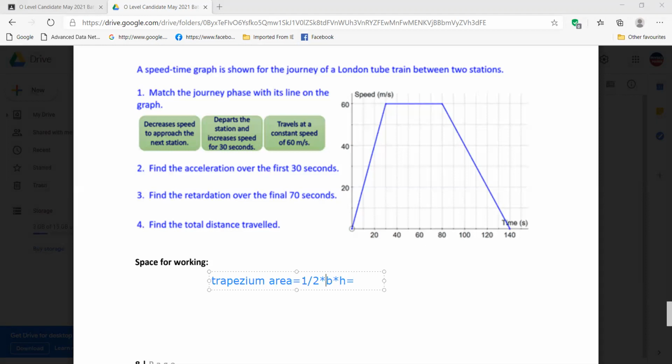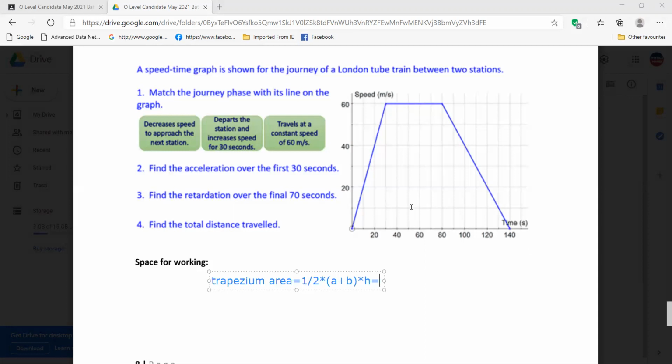You forgot. A plus B. It is trapezium, right? It's not triangle. So you should use this formula. Half into A plus B into H, right? Yes, sir.